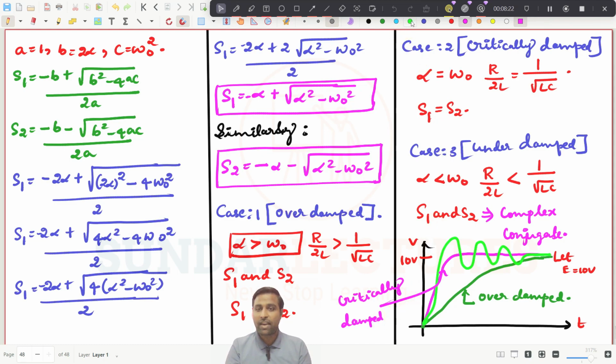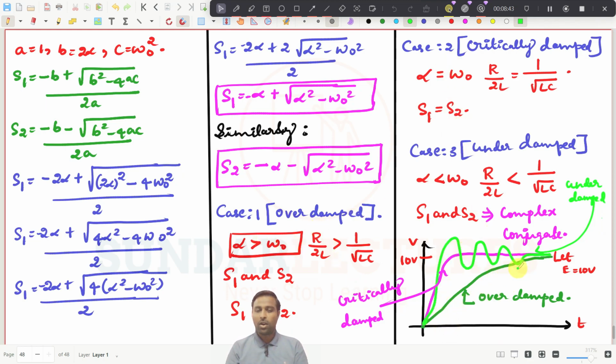And this value you try to understand. If it oscillates, then this condition, I will write here, is nothing but underdamped. What is this? This is underdamped. That's all. That is what we have written here.